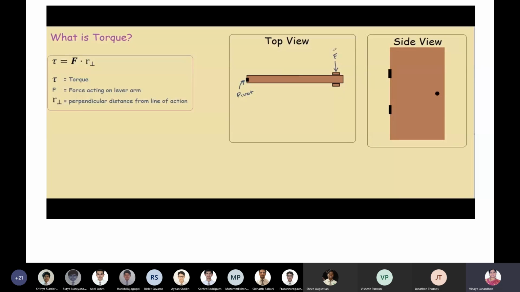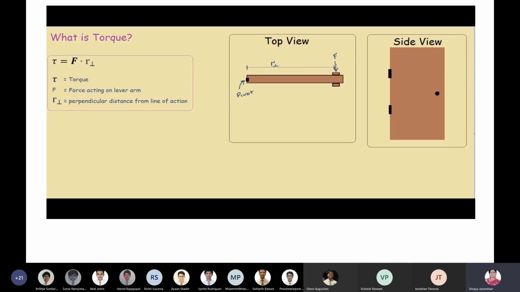This is F, the applied force. We're also interested in the perpendicular distance from the force to the pivot point. That would be this line over here, and we call this R perpendicular. Together these two parameters give us our torque, which is the force times the perpendicular distance from the pivot point.